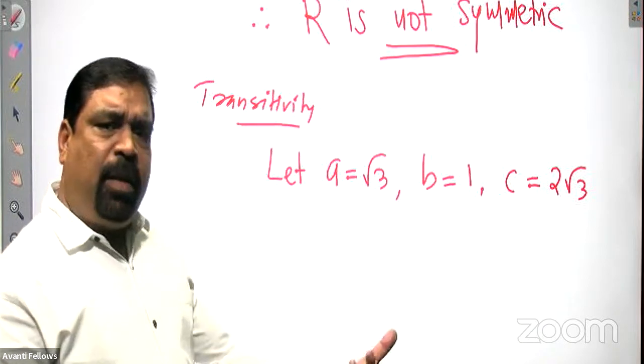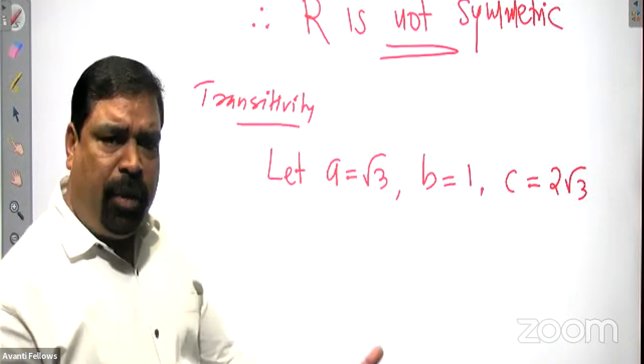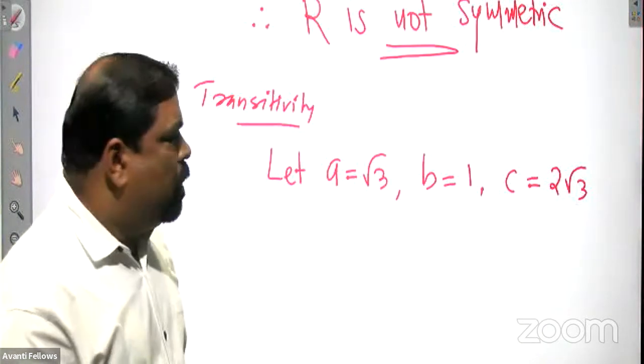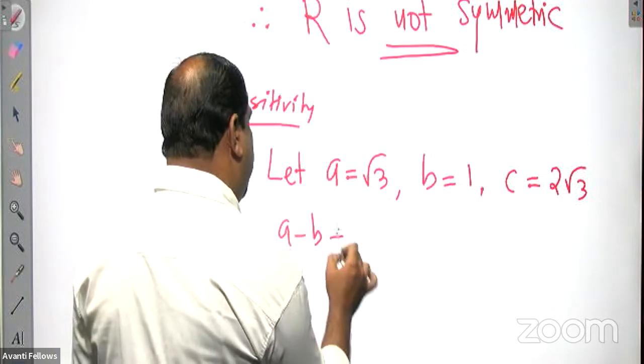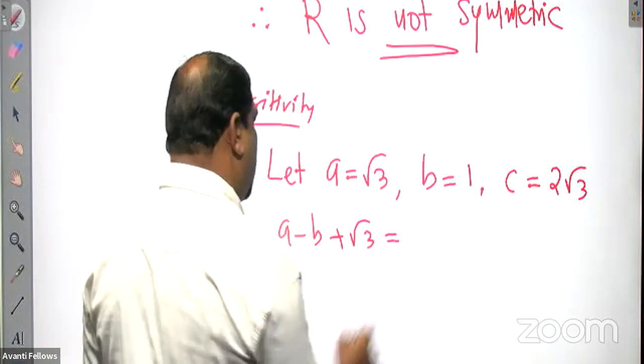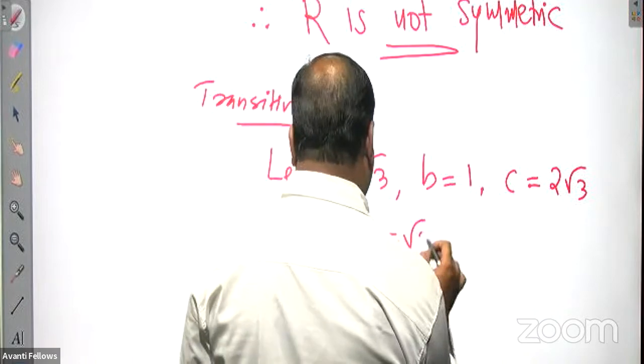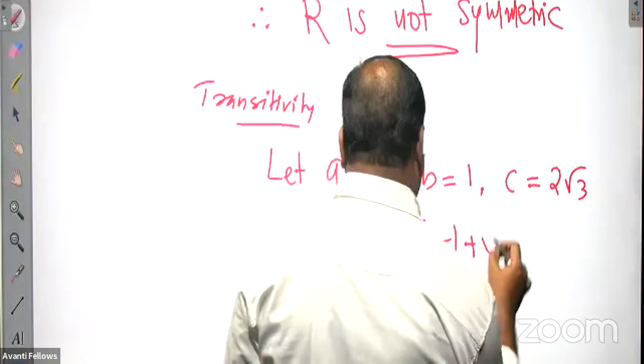You can take different examples also. You might have got some other numerical values. So what is A minus B plus root of 3? That means root 3 minus 1 plus root 3.